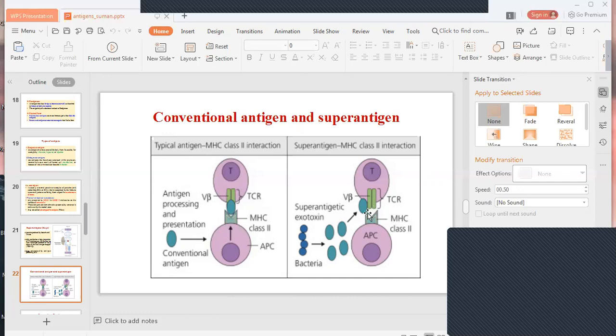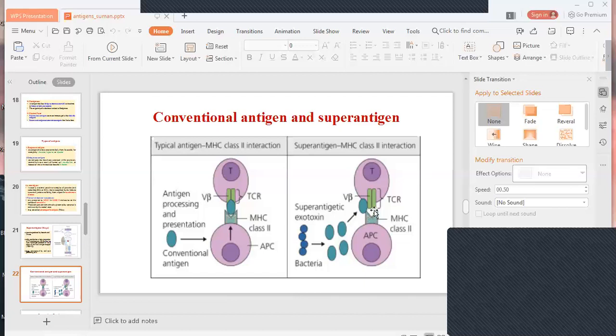But here, if you will see, this antigen is coming from bacteria. The exotoxin produced by the bacteria will bind with the beta chain of the variable region of the TCR.